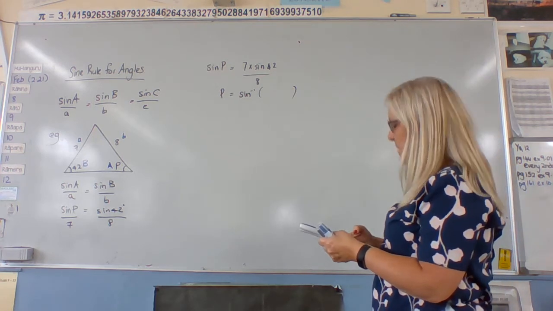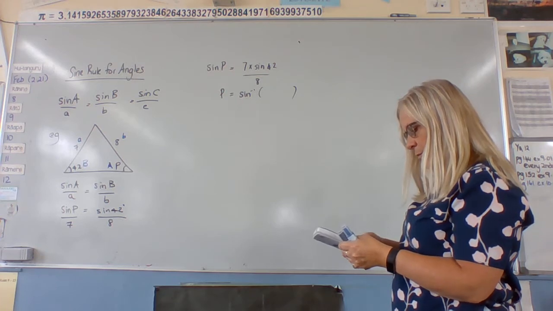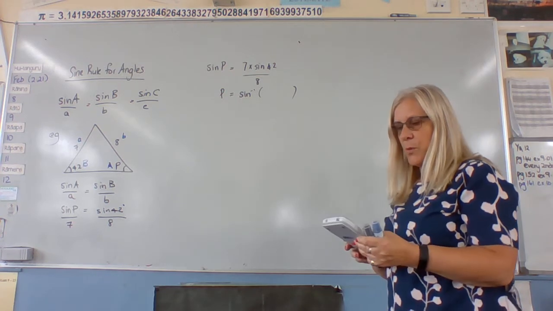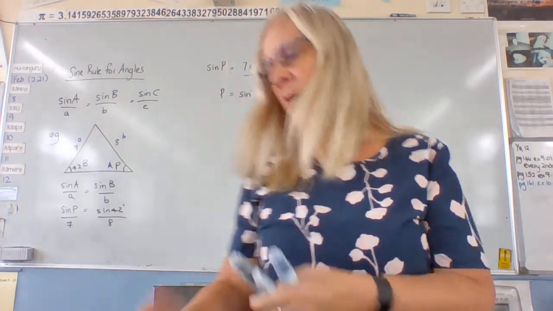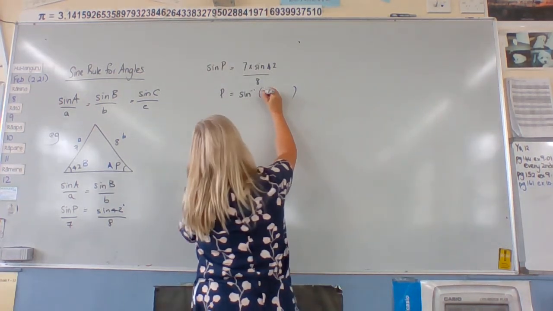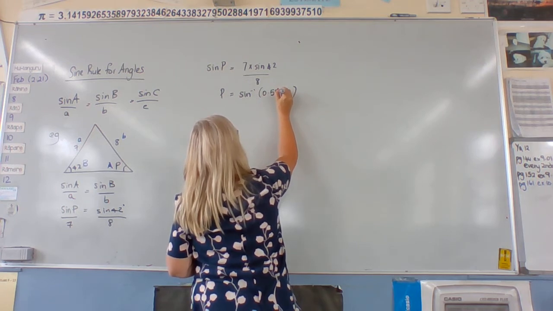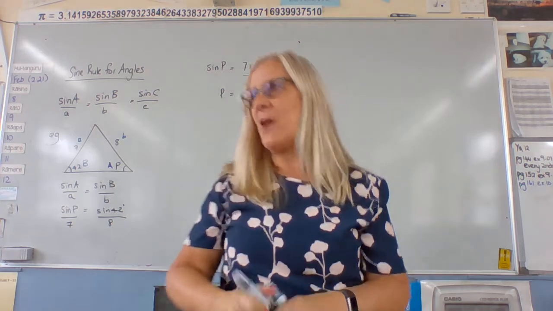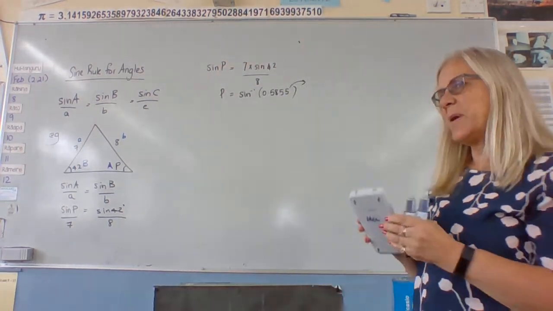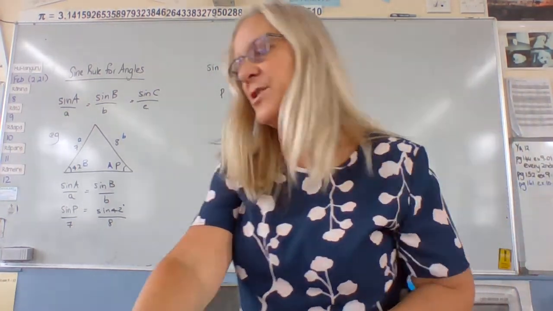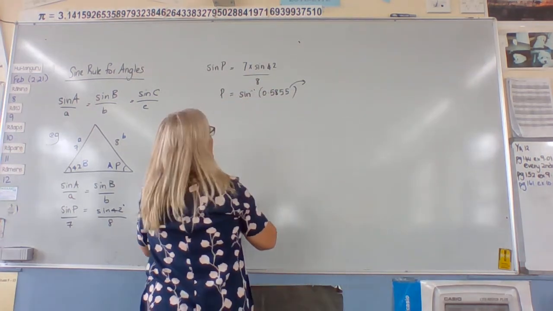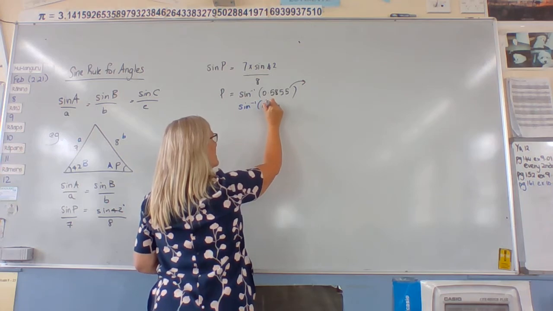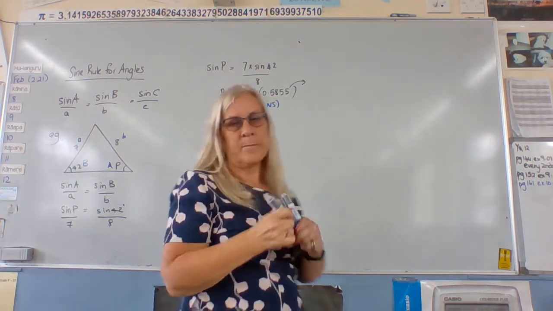Seven times sine 42 divided by 8 equals 0.5855. That's just me writing it down, but actually I'm going to hold it in my calculator and use the answer button. So what I'm actually going to type in is sine -1 answer, so I'm using the whole thing.